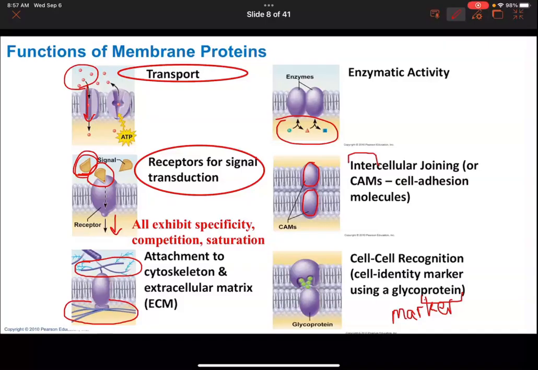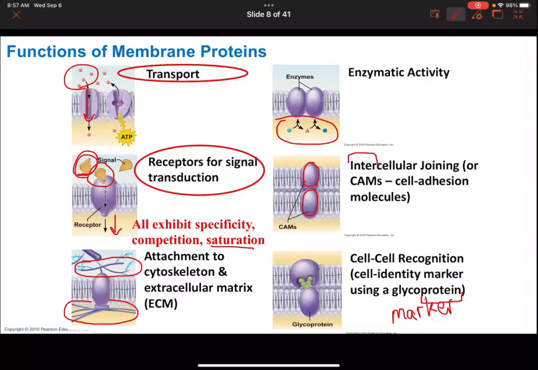Both of them also exhibit what we call competition and saturation. This means that if you have 100, I'm going to start with saturation. If you have 100 of these proteins, either receptor or transport proteins in the membrane, once 100 molecules bind all hundred of those, it doesn't matter if you have 150 molecules in the extracellular fluid.